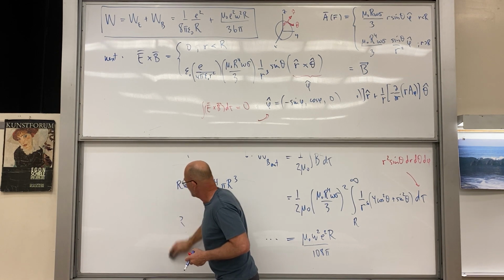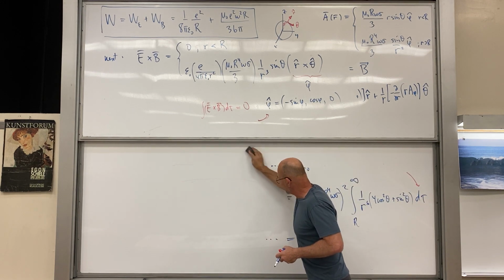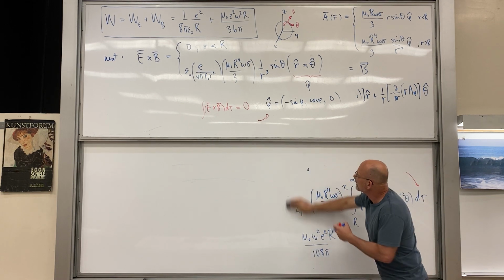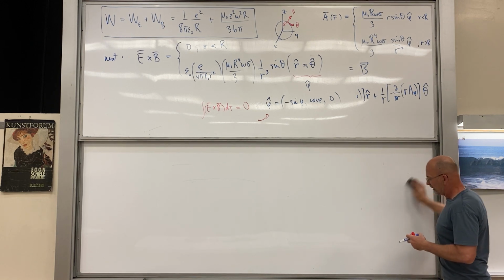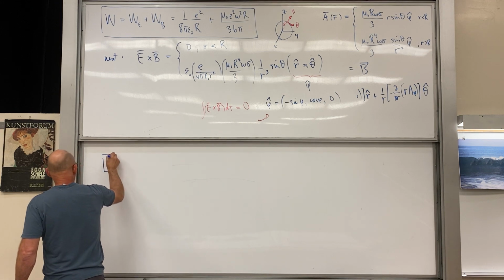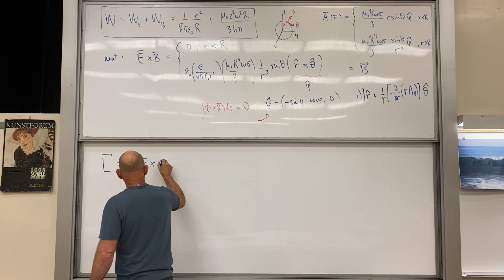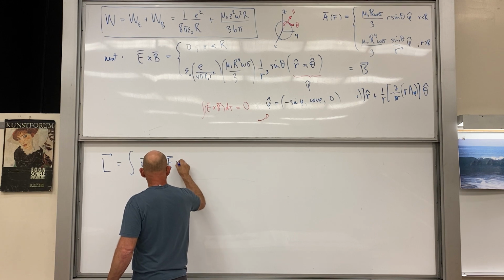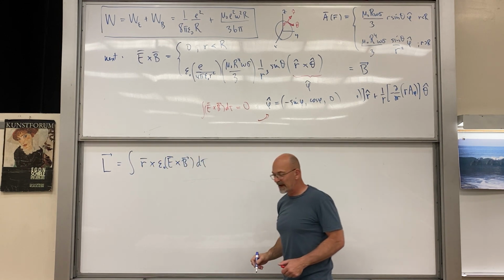Okay. So the angular momentum integral, I'll write it down again. There's my E cross B. So L was the integral of r cross epsilon naught E cross B d tau over all of space.